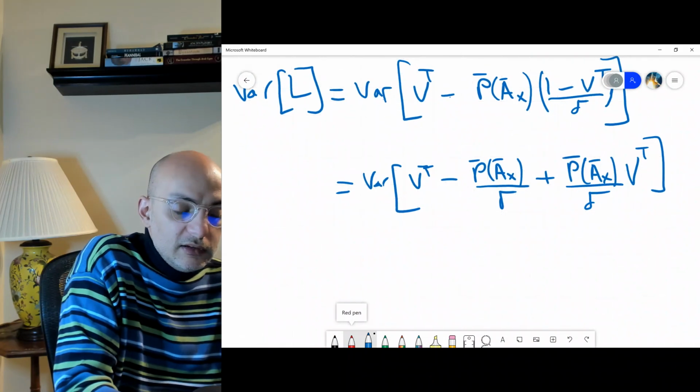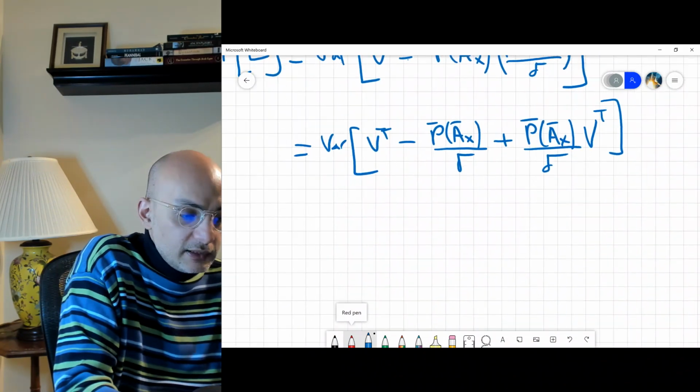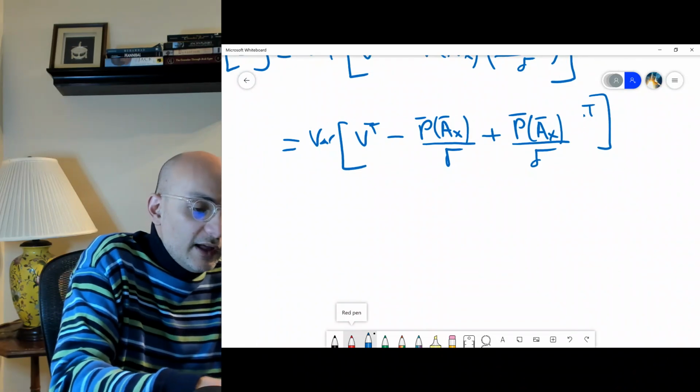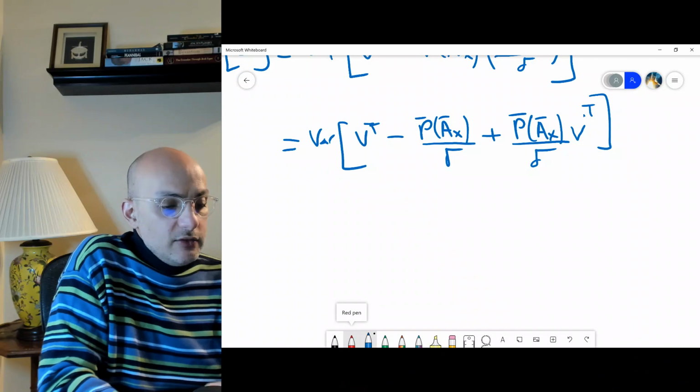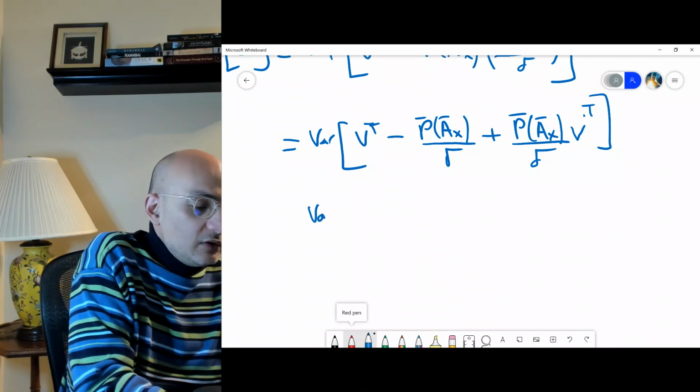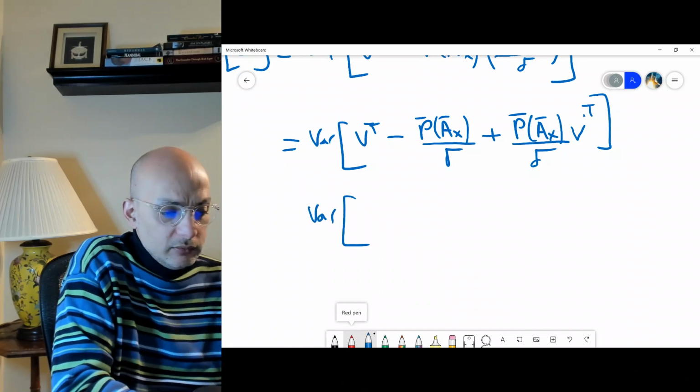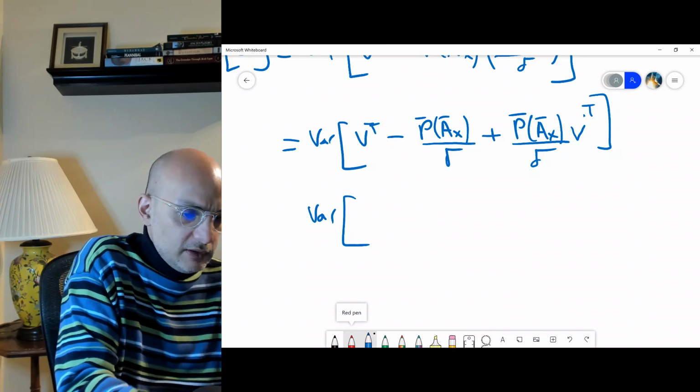and Vt here is, of course, the discounting factor, right? It shouldn't be that big, but right. So now what we can do, let's take the Vt together, because this is the only variable here, Vt together.